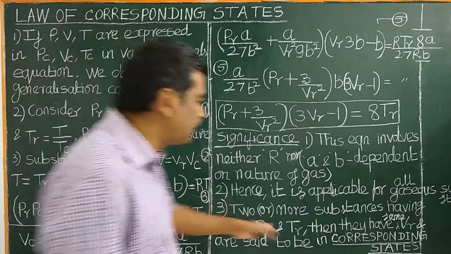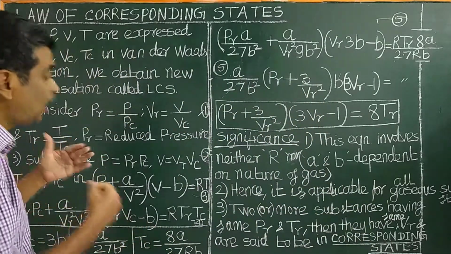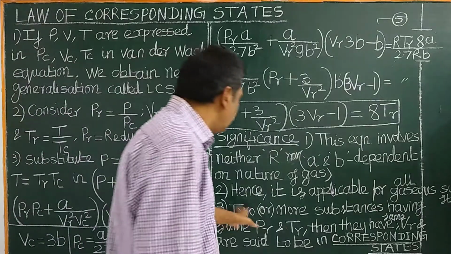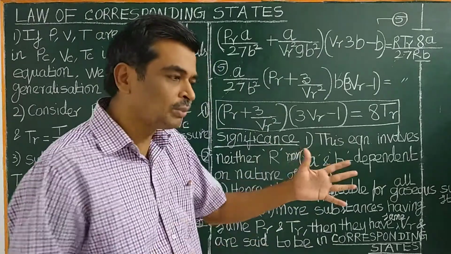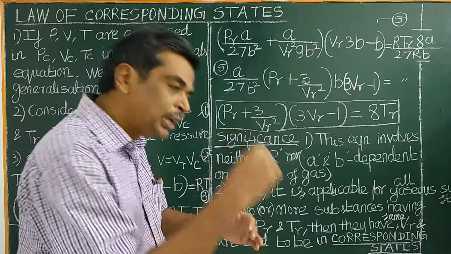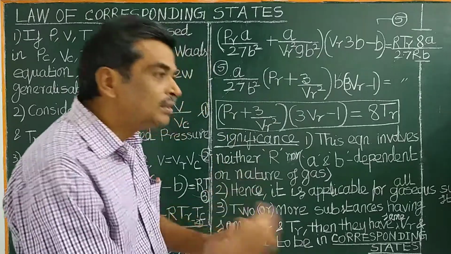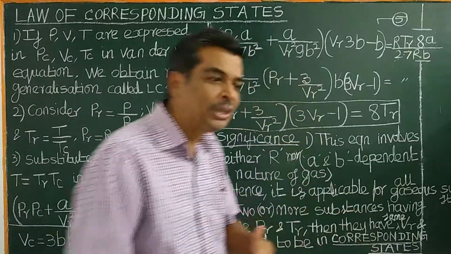Now let us define what are corresponding states, what is the law of corresponding states. For example, let us consider two or more substances having the same reduced pressure and the same reduced temperature. Then they have the same reduced volume.